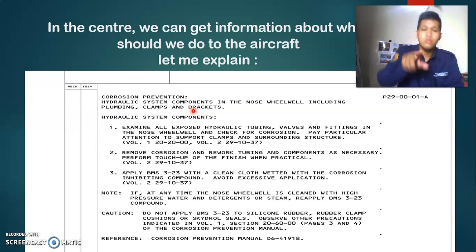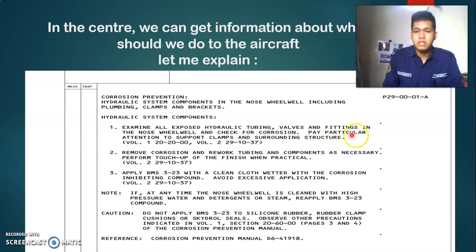And after we do that, the first step is the hydraulic system compartment. Examine all exposed hydraulic tubing, valves, and fittings in the nose wheel well and check for corrosion. So we will check for corrosion in the area of hydraulic tubing, valves, and fittings.